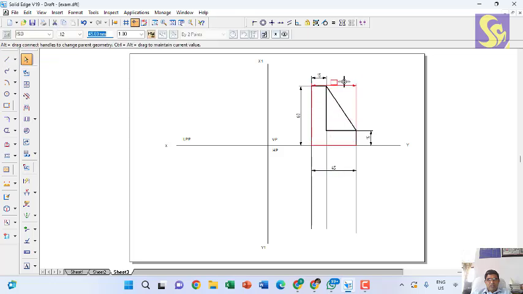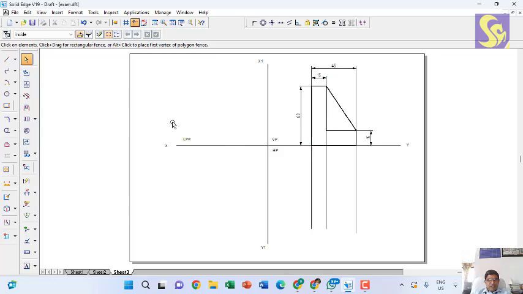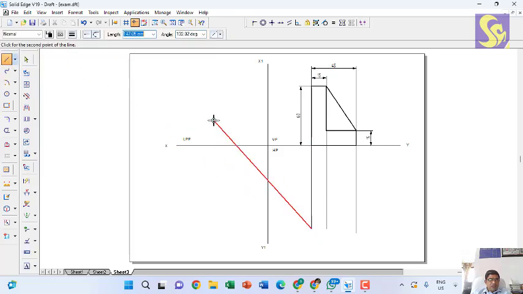I'll move this dimension up. Now in the top view, what I can see is this 60 by 15. First I can draw that. I can draw a line of visible 60 mm.